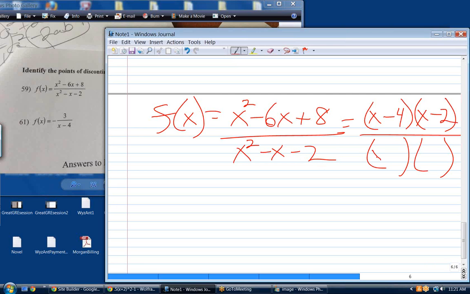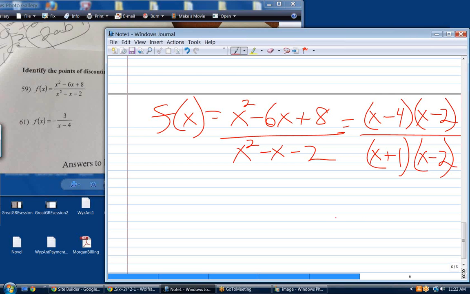The bottom one. These have to be opposite signs because of that negative. And now we want factors of 2 that subtract to the number 1. 2 and 1. And 2 goes with the bigger factor, so it goes with that sign, which I just screwed up. There we go.